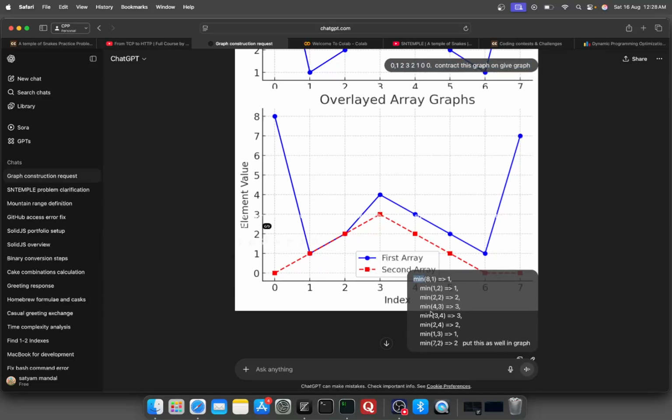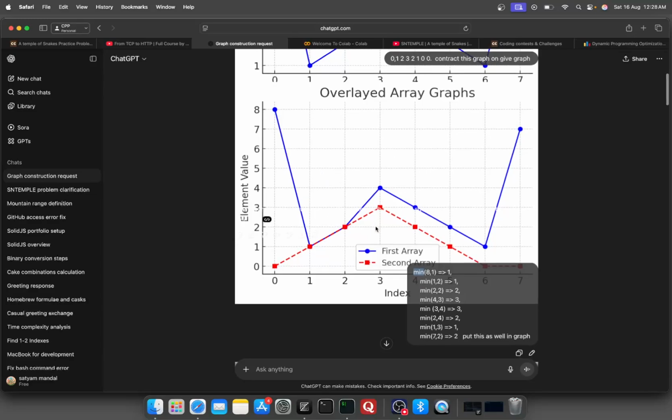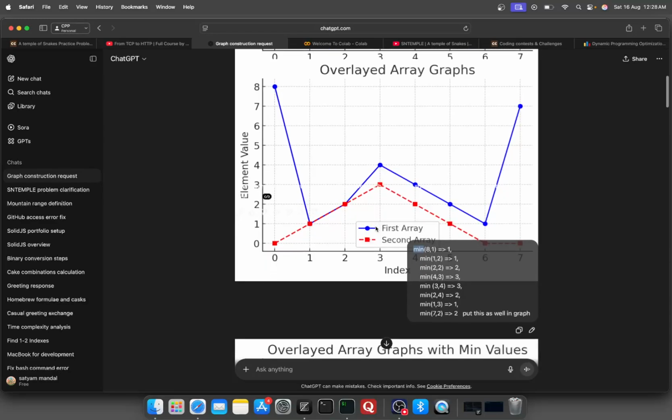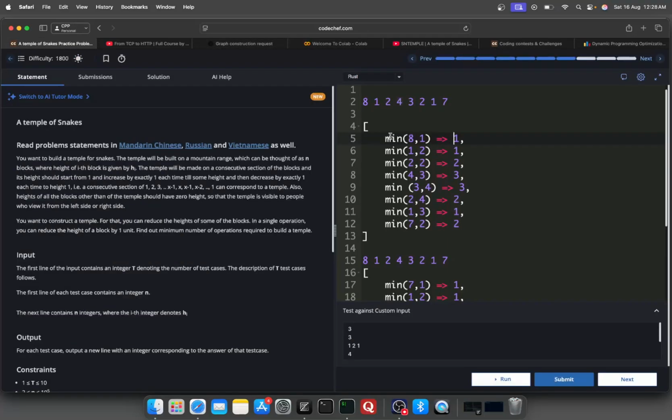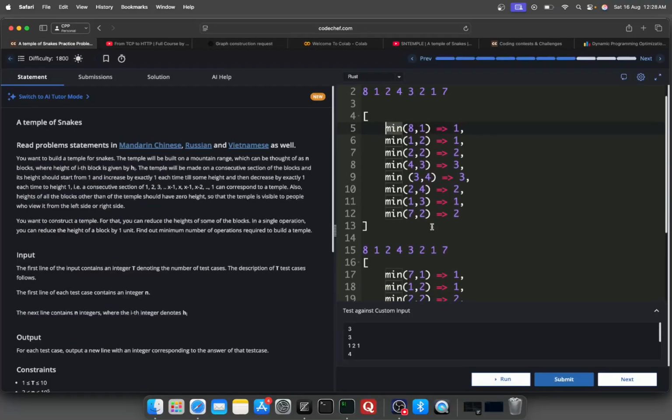If we use a maximum, then it is possible it can go on top. So that's why we use a minimum. I hope I answered why I use a minimum.